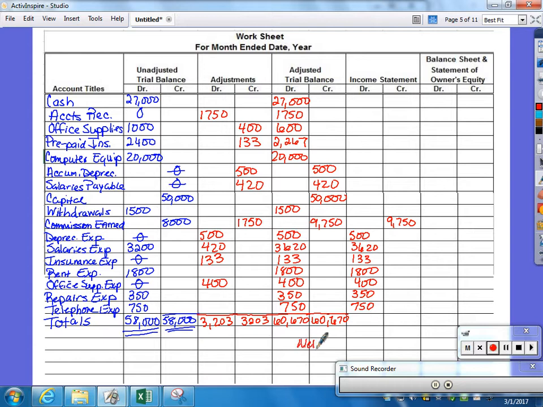Now, in order for you to get net income or net loss, what do you have to do? Subtract expenses from revenues, or in this case, commissions earned, and what do you get?